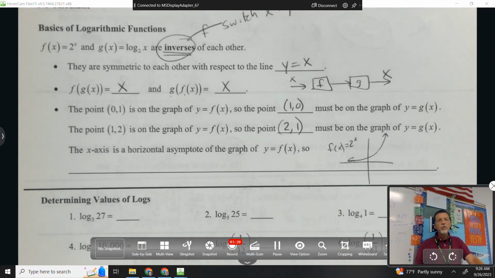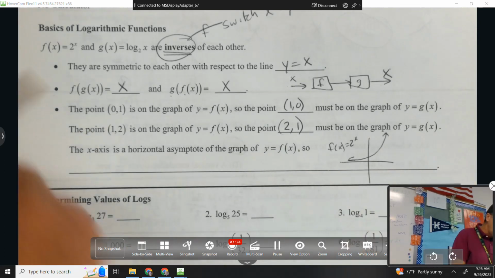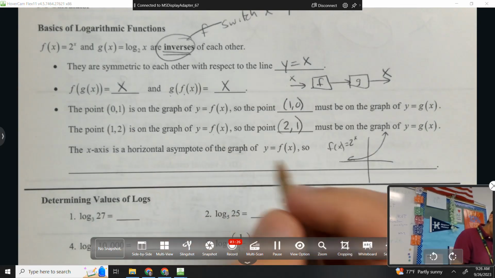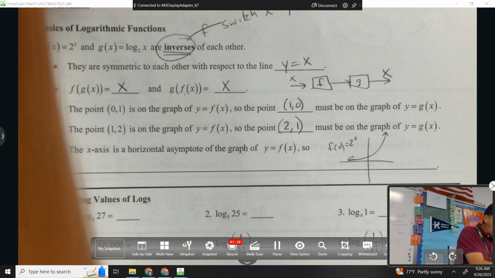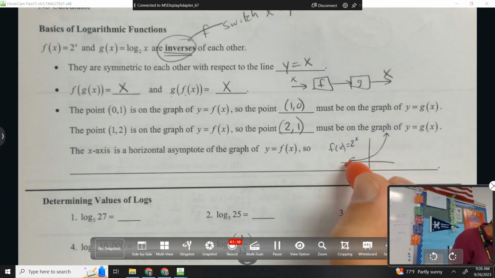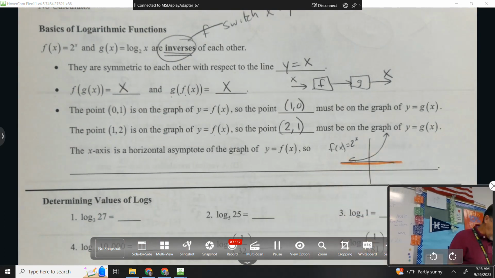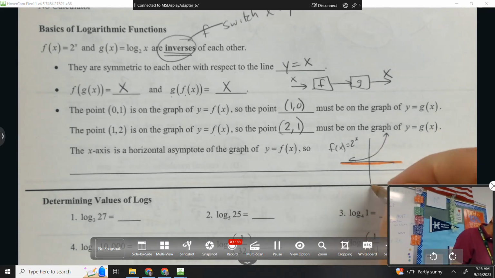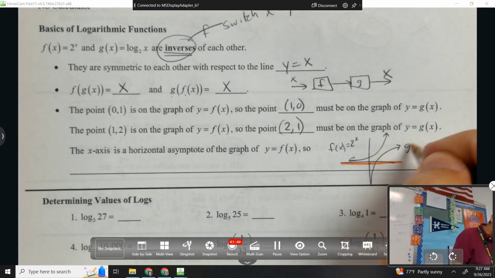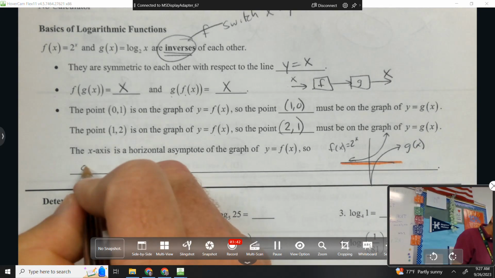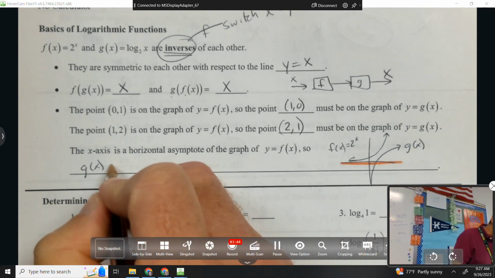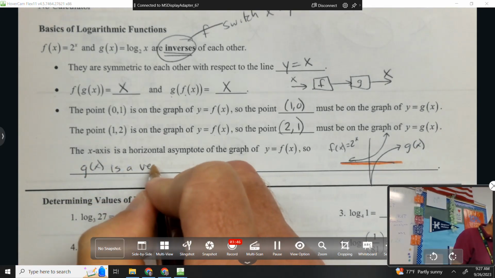So if we switch x and y for inverses, then we used to have an asymptote on the x-axis, but if we switch things around, there's what g of x is going to look like.